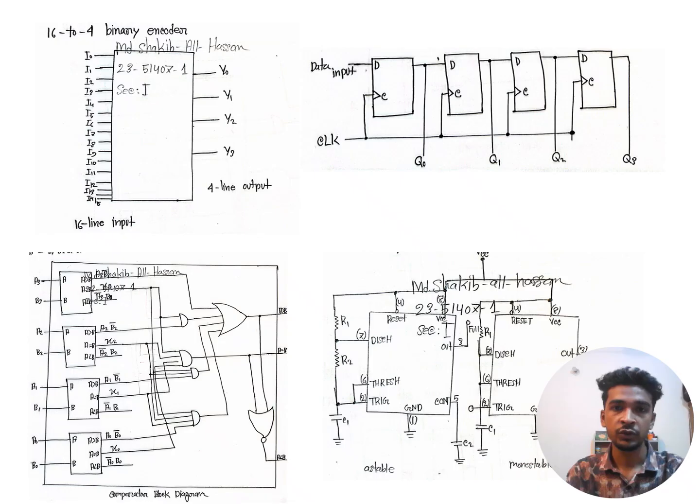And the monostable mode we use in timer circuit 2 because it produces a single output pulse of fixed duration when triggered. It has one stable state and returns to that state automatically after the timing period.